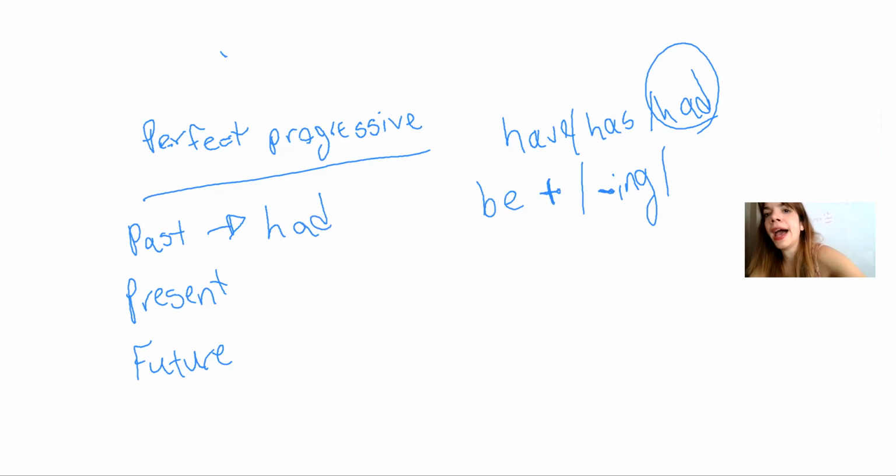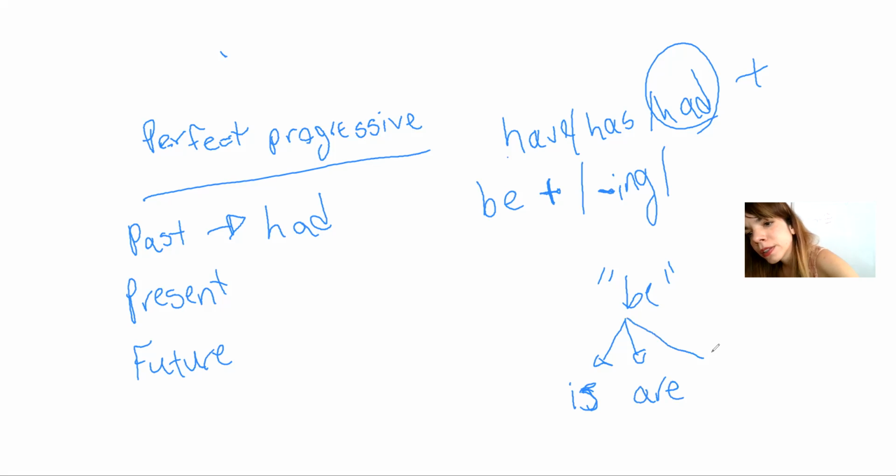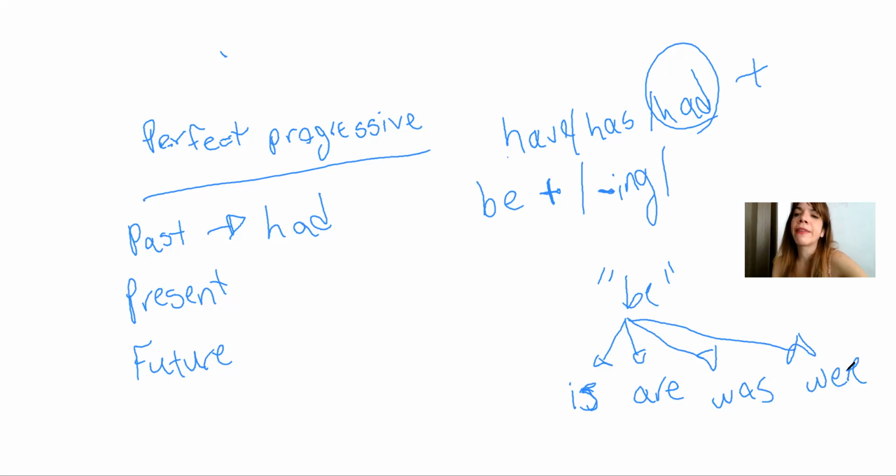All right, so it's had, has, had, plus be plus ing. Okay, and be can be something that is, si es singular, something that are, a lot of things that are, something that was, a lot of things that were. Be is an irregular verb. There are many ways of expressing something that is. Am, right?